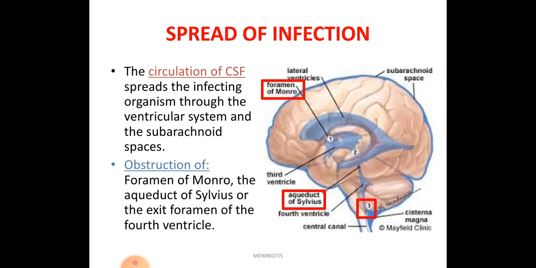Now there may be obstruction of the foramen of Monro, aqueduct of Sylvius, or exit foramina of the fourth ventricle. Because of this blockage, CSF will not be able to go properly into the subarachnoid space, so there will be accumulation of CSF in the ventricular systems only.